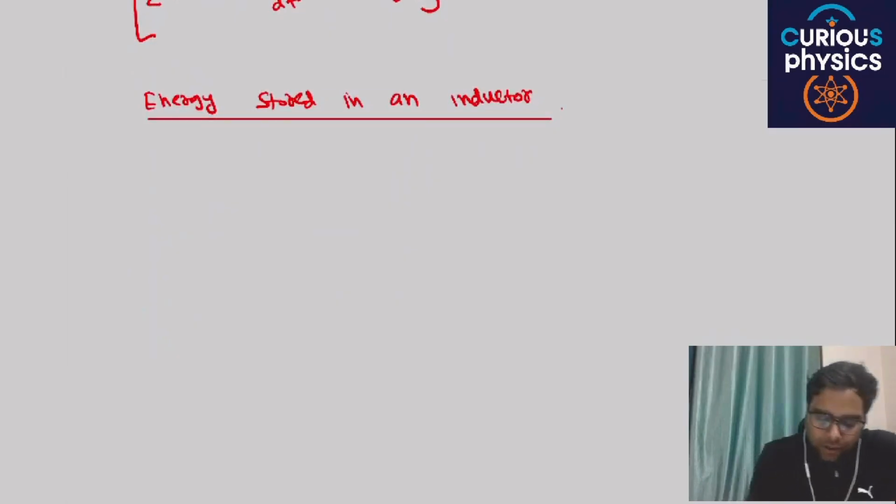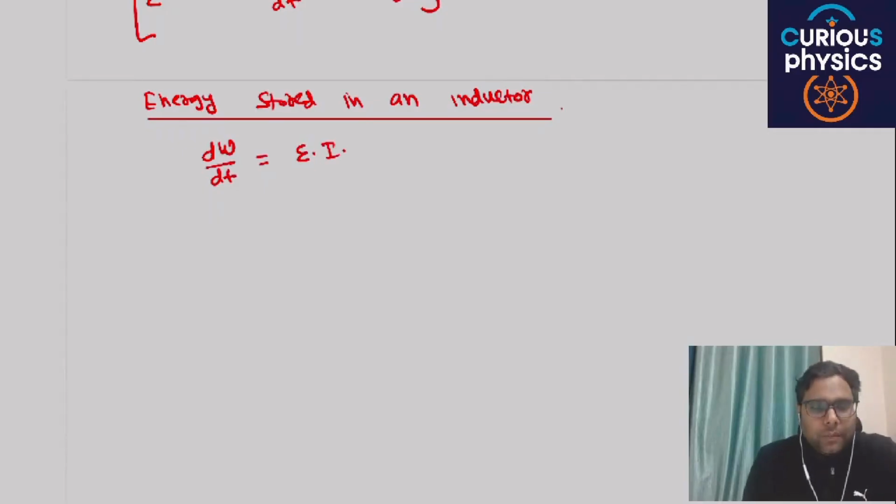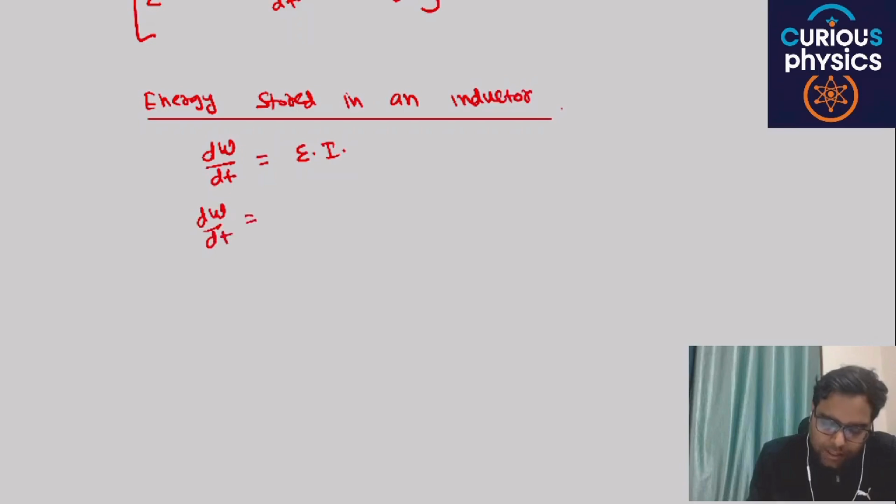The rate of work done, dW by dt, is power, and power is V into I, which means induced EMF into I. So dW by dt is L di by dt into I.